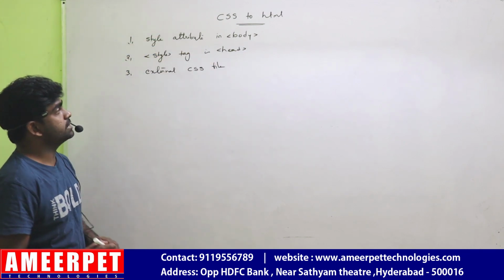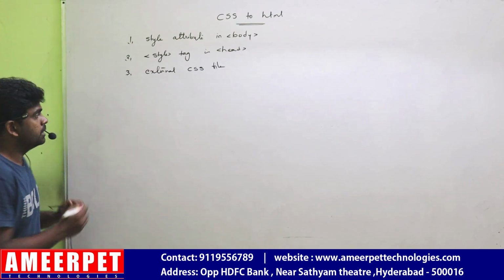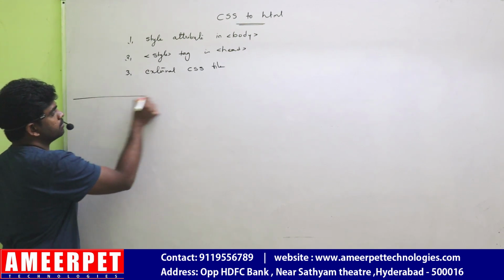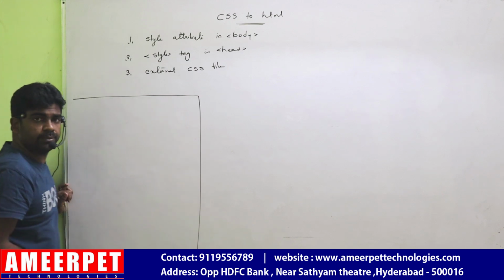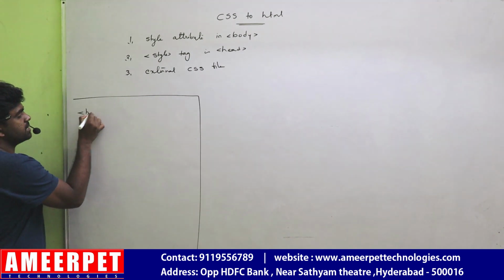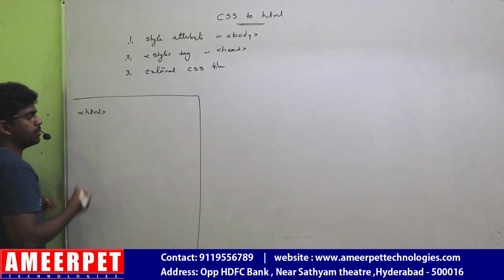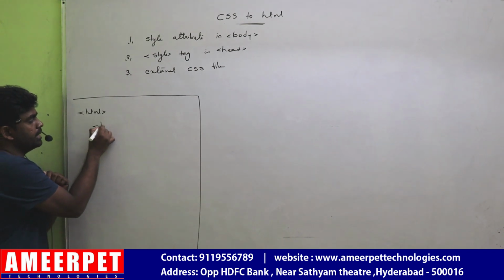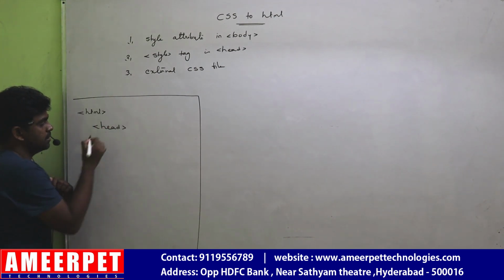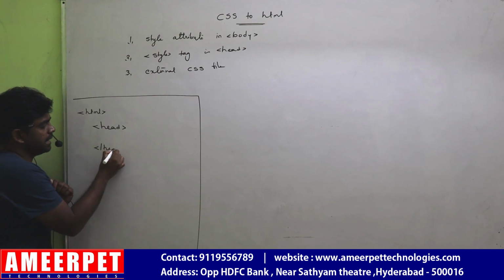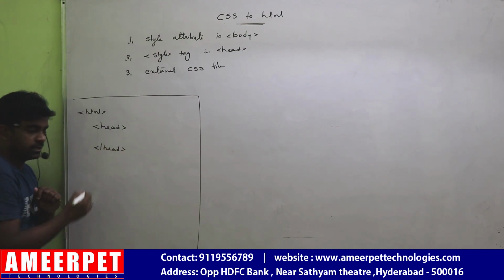Just consider the first one. Okay. So I'm writing the program. HTML program. Inside this HTML, I'm writing the paragraphs. This is head location. As of now, I'm not writing anything inside the head location.